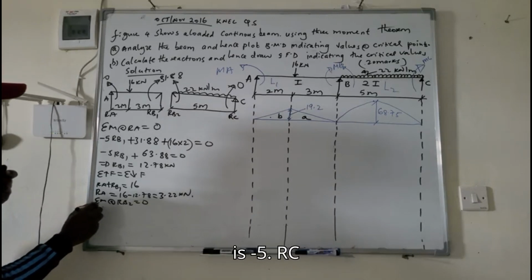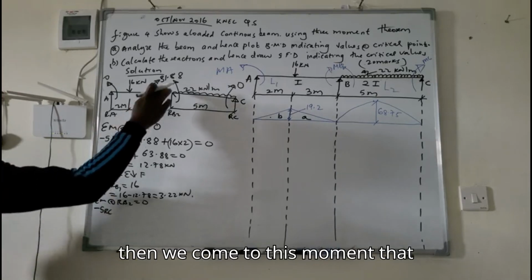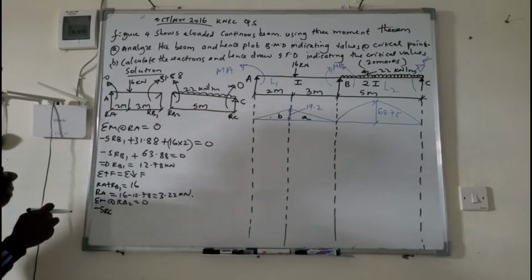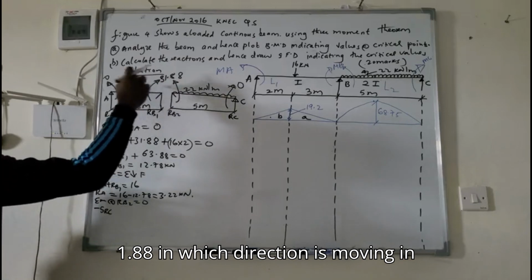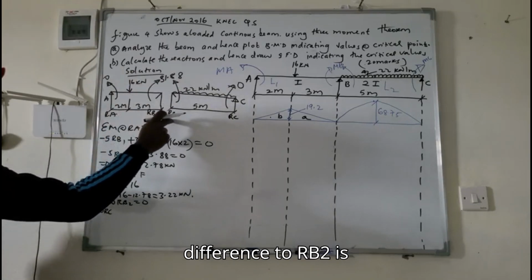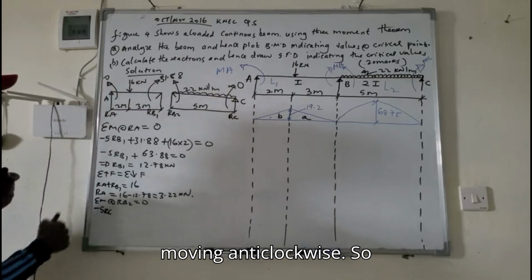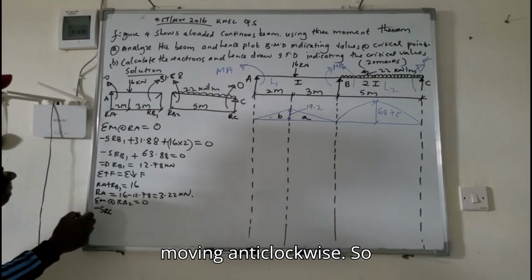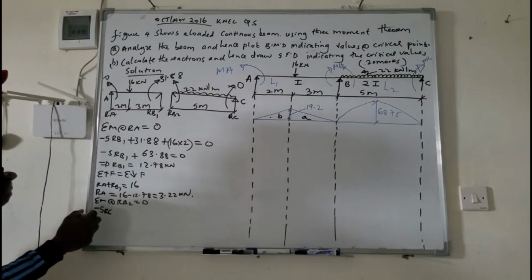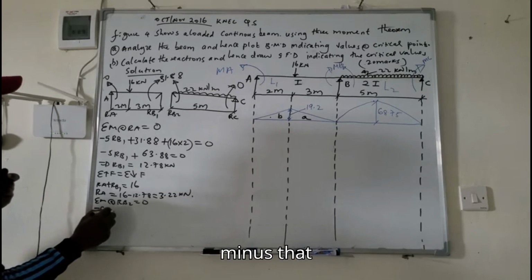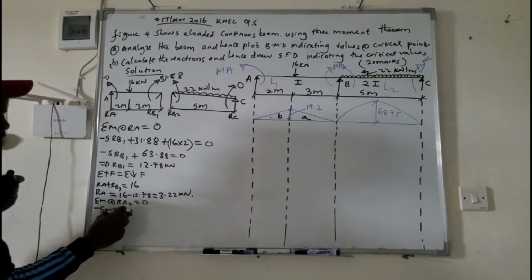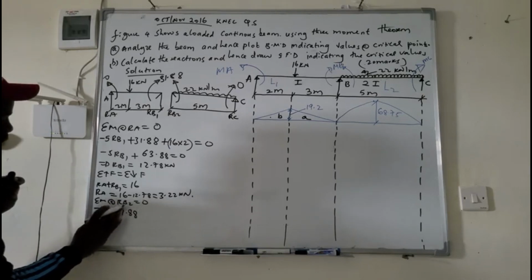So that is minus 5 RC. Then we come to this moment, 31.88, in which direction is it moving in reference to RB2? It is moving anti-clockwise. So that one will be minus that 31.88, like that.